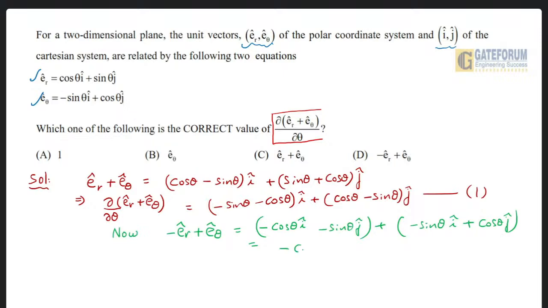So you will be getting minus cos theta minus sin theta into i cap. After taking j cap, this is minus sin theta plus cos theta j cap. So this is nothing but directly dou by dou theta of E_r cap plus E theta cap. Okay.